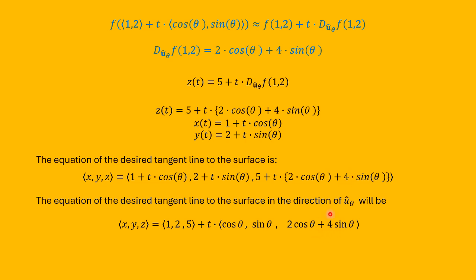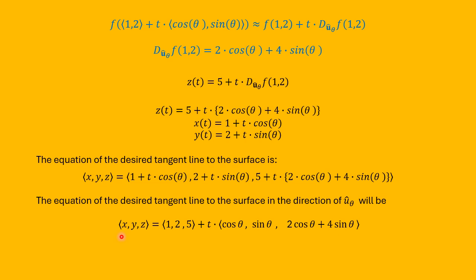So now if we just rewrite this formula using a little bit more vector notation, we can easily write it in the form: the vector with components x, y, z equals the vector with components 1, 2, 5 plus t times this vector, cosine theta, sine theta, 2 cosine theta plus 4 sine theta. And so this gives us basically the tangent line to that surface in the direction of u sub theta.